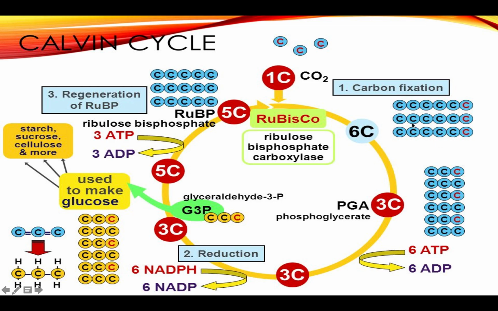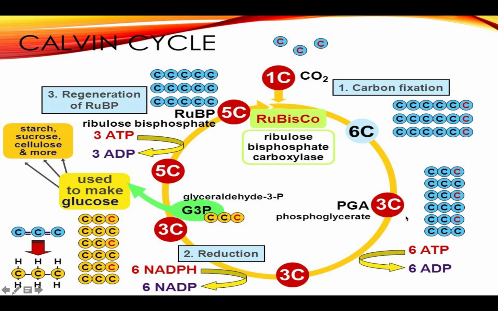So here we have our 6 carbons. These two, ribulose biphosphate and carbon dioxide, have come together here, but it is extremely unstable. So then we're going to break apart and then come down here to phosphoglycerate.